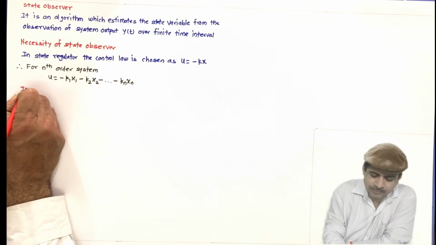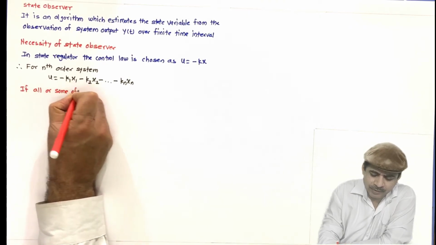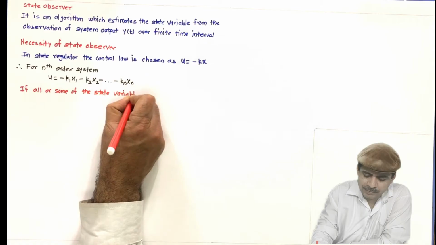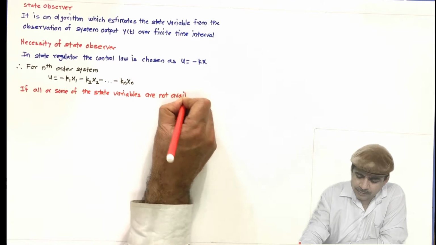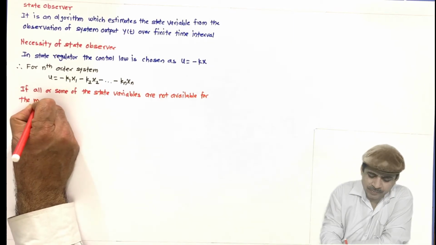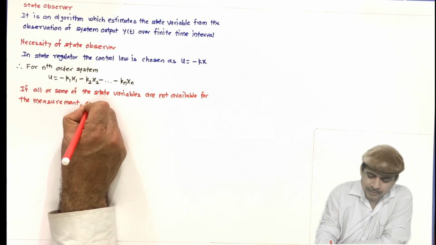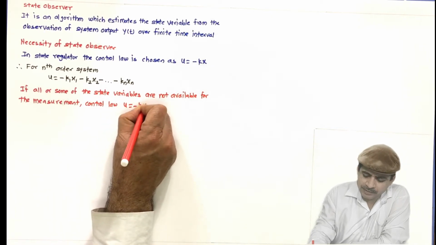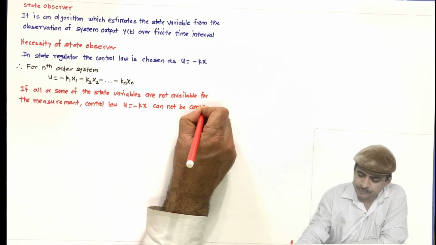So if all or even some of the state variables are not available for the measurement, control law u equal to minus Kx cannot be computed.